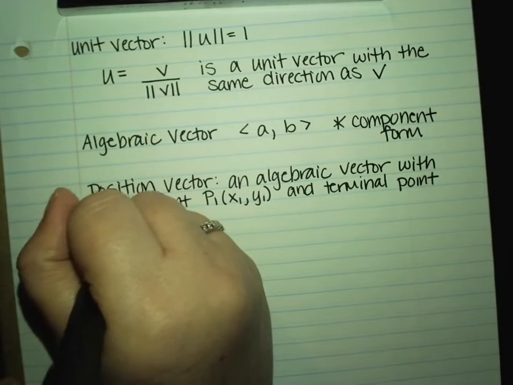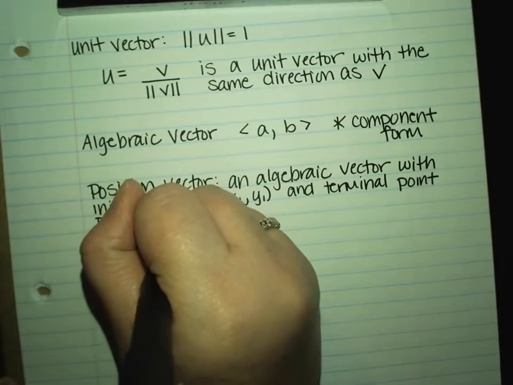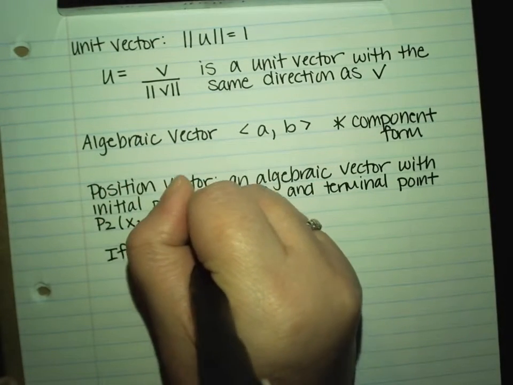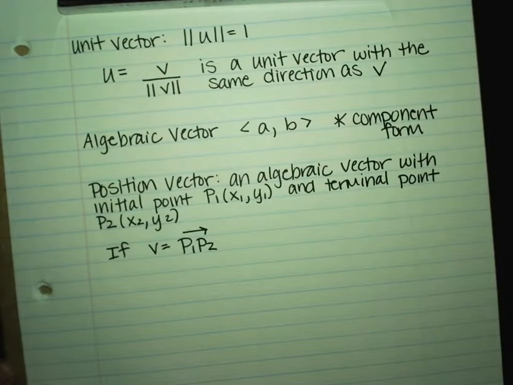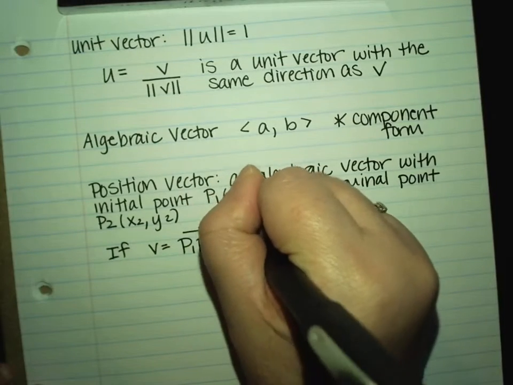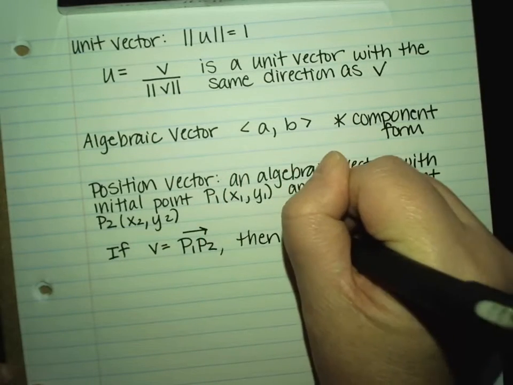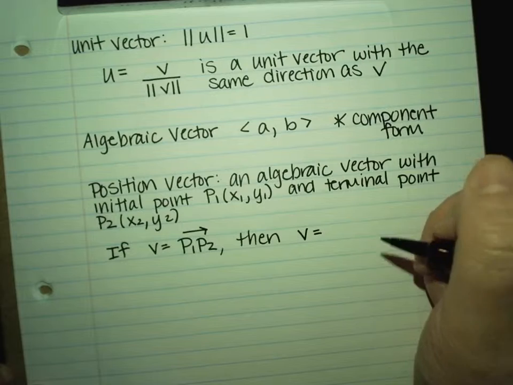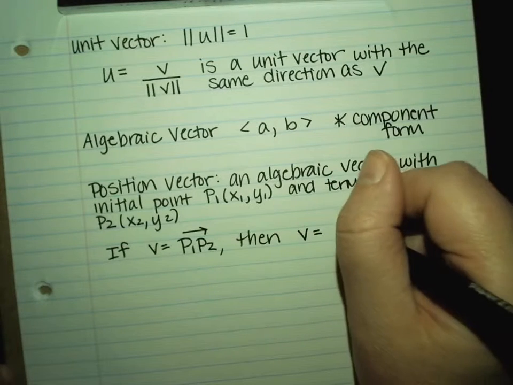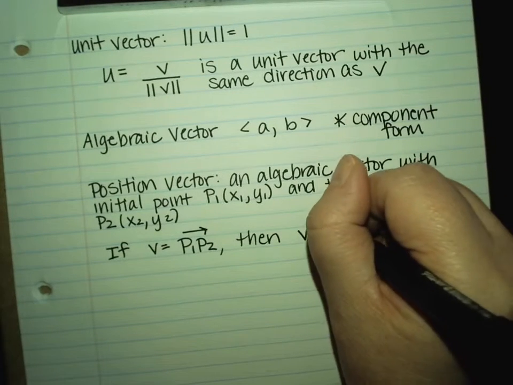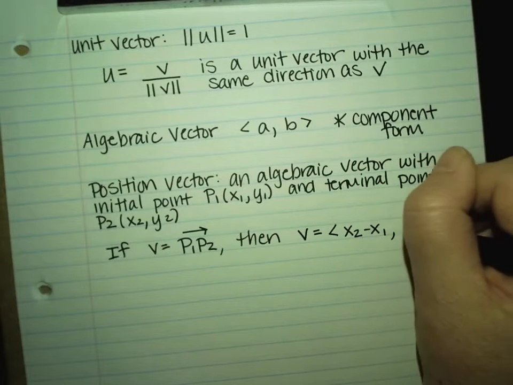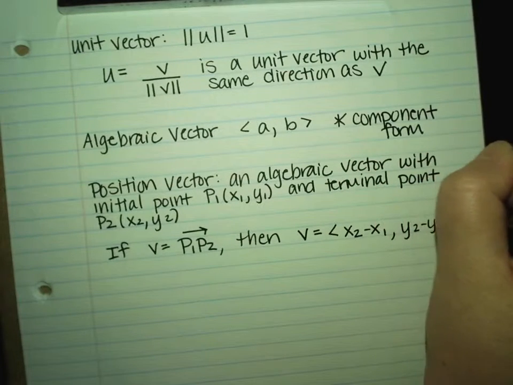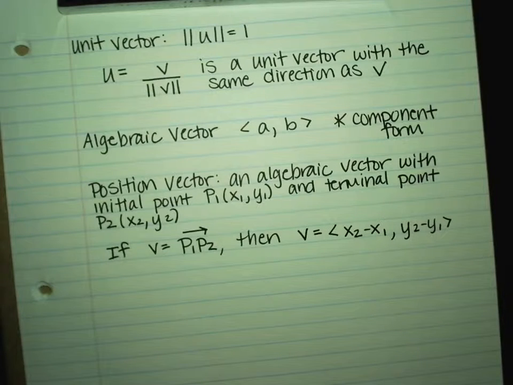Okay. So if our vector is equal to P1, P2, then the vector is equal to an algebraic form or component form x2 minus x1 comma y2 minus y1.